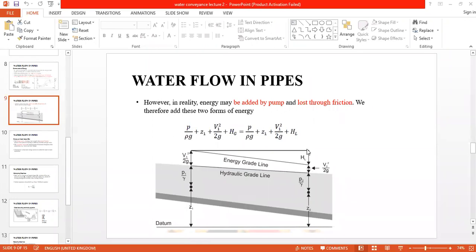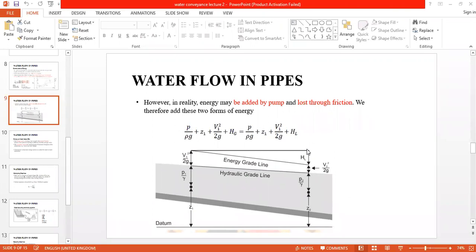So this friction loss has an implication on the amount of energy we're going to apply to the system for us to transfer water from the river or the reservoir to our garden or to our field.